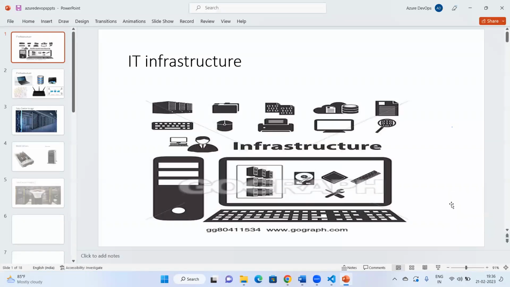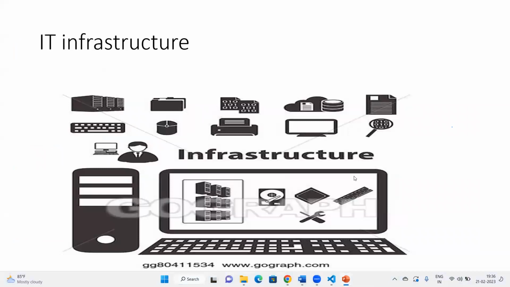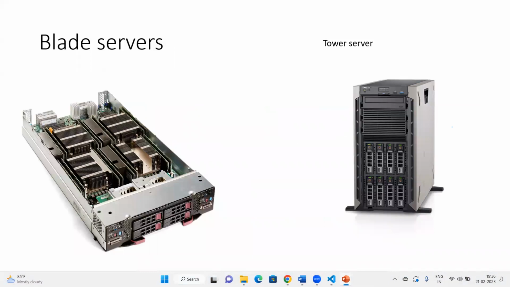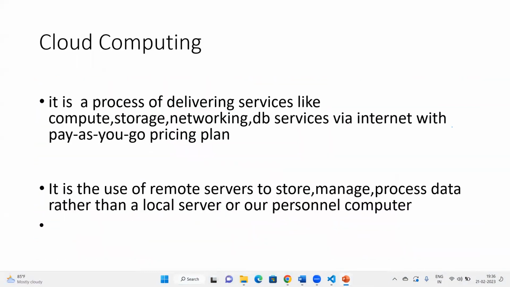Yesterday we saw what exactly a data center is, what the challenges and problems are that we face with data centers, what the benefits of cloud are, and what a cloud architecture is. We also discussed cloud computing.